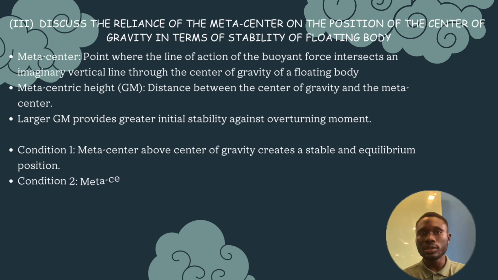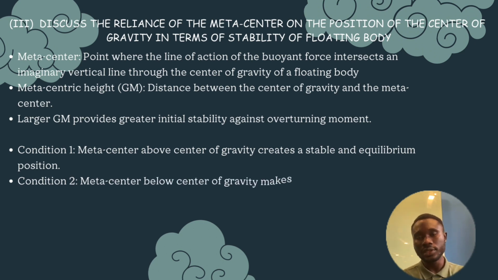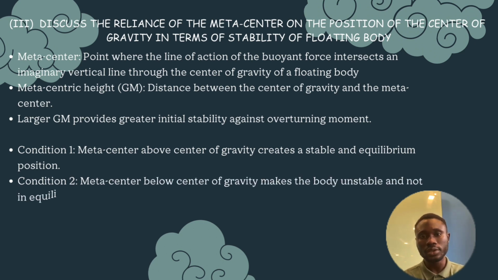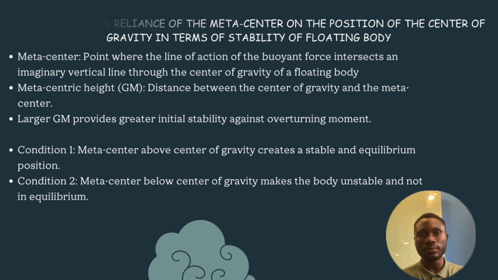Larger metacentric height provides greater initial stability against overturning moment. There are two conditions. Metacenter above the center of gravity creates a stable and equilibrium position. The second condition, metacenter below the center of gravity, makes the body unstable, not in equilibrium.